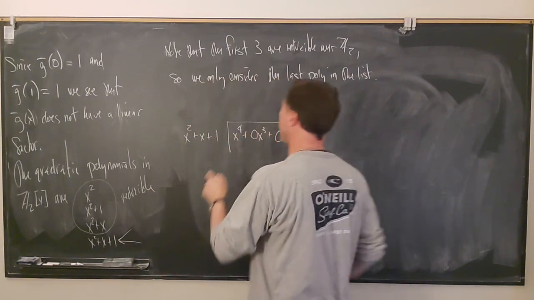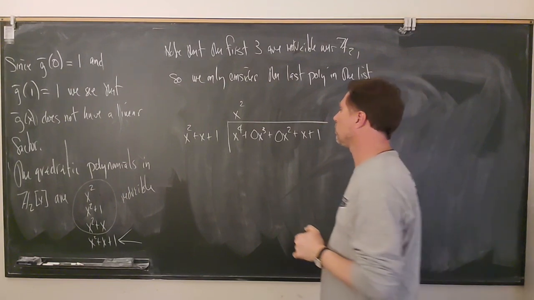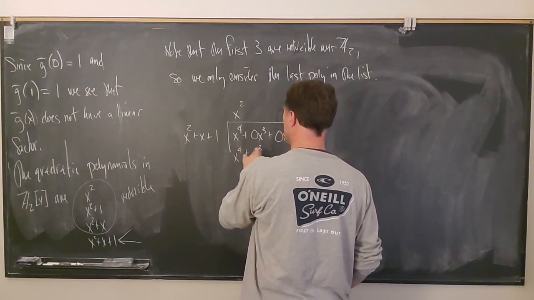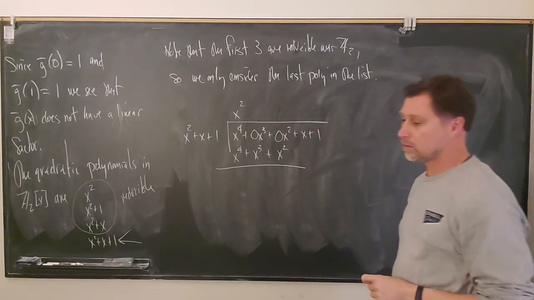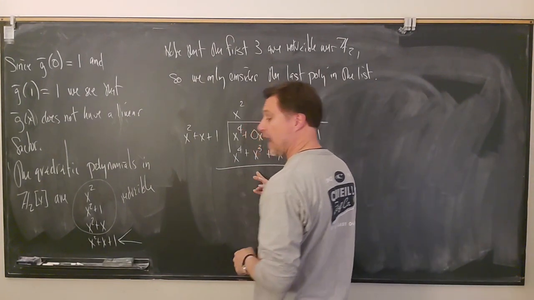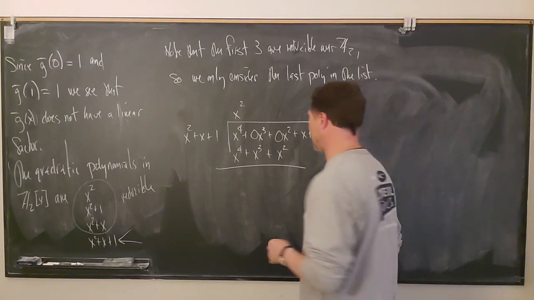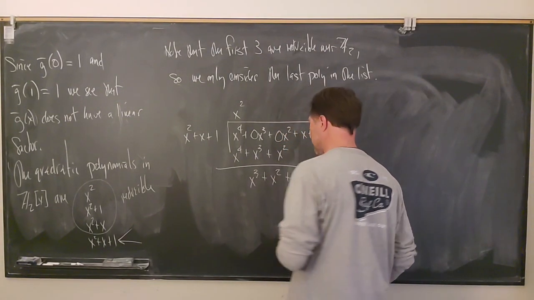Now, x squared goes into x to the fourth one time. Multiply this out, we get x to the fourth plus x cubed plus x squared. Subtract. That's going to give us a negative x cubed. And remember, in Z2, subtraction and addition are the same thing. So this is actually an x cubed plus x squared plus x.